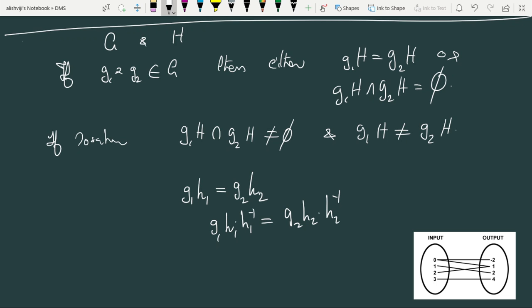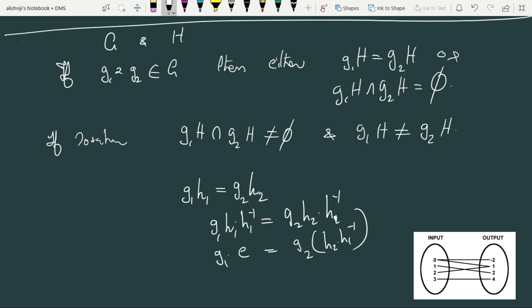That means G1 dot the identity element is equal to G2 into H2 H1 inverse.